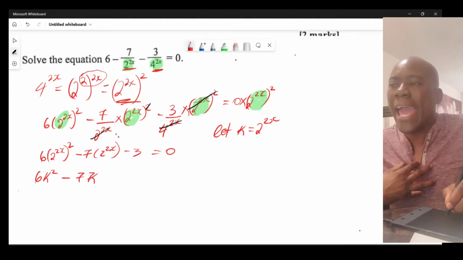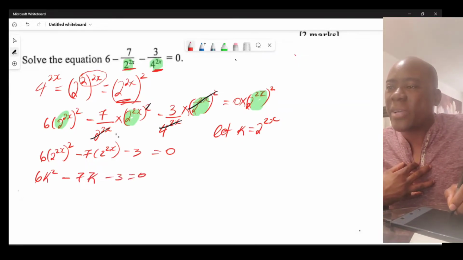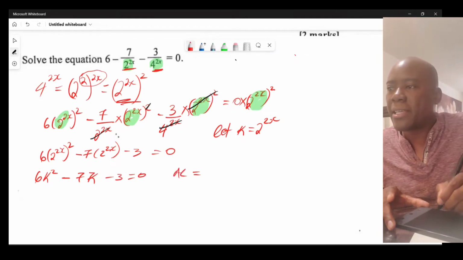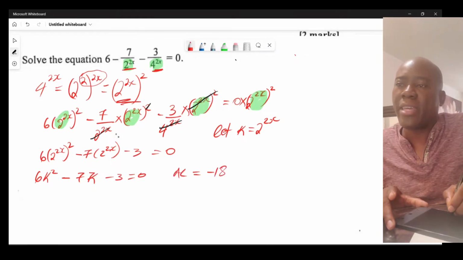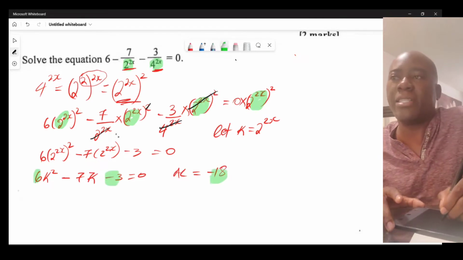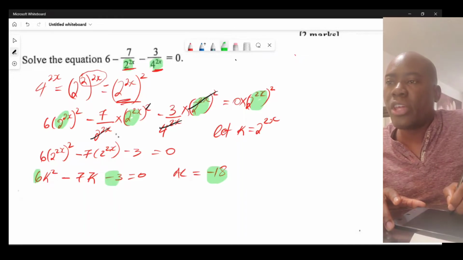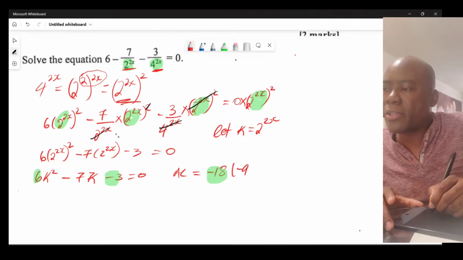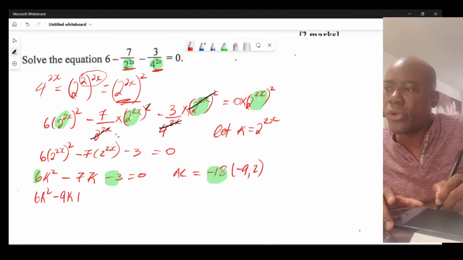Looking at this now, my AC is actually negative 18. We're talking about multiplying 6 times negative 3, and that would have given us negative 18. So quickly, I'm thinking about a negative 9 and a positive 2 to give me the 7. So the numbers I'm going to be using will be negative 9 and a positive 2. So let's go. 6k squared minus 9k plus 2k minus 3 equal to 0.